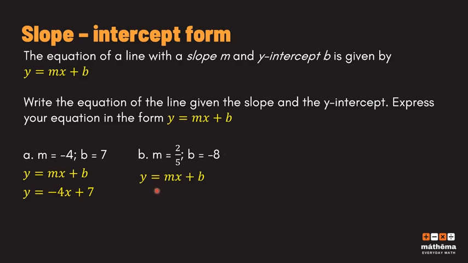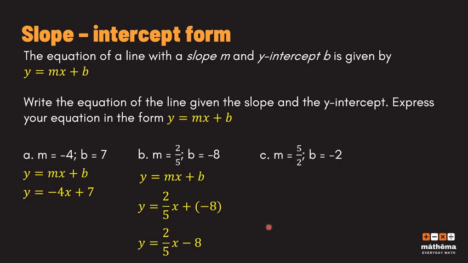So what will happen is this: y is equal to 2 over 5x plus negative 8. And again, negative times positive will give us negative. Therefore, our final answer will be y is equal to 2 over 5x minus 8. So that will be our final answer.